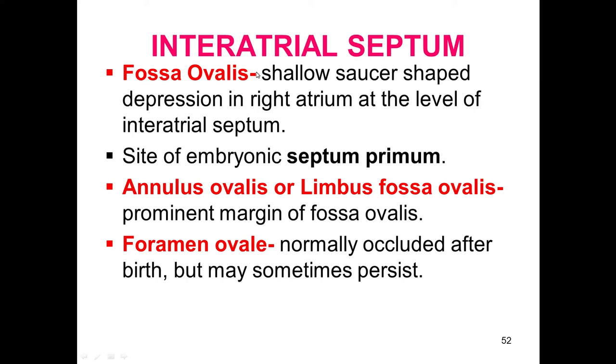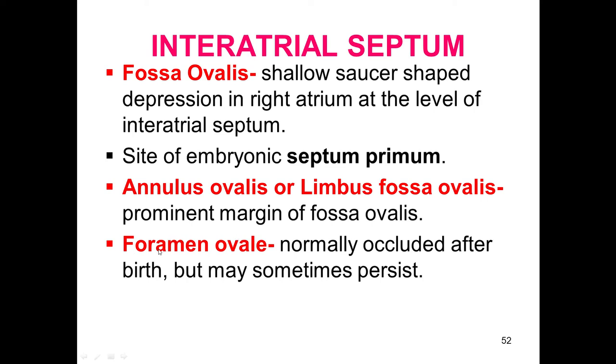The margin of this fossa ovalis is prominent, and that is known as the annulus ovalis or limbus fossa ovalis. Annulus ovalis or limbus fossa ovalis is the prominent margin of the fossa ovalis. Now sometimes there is a presence of foramen ovale.